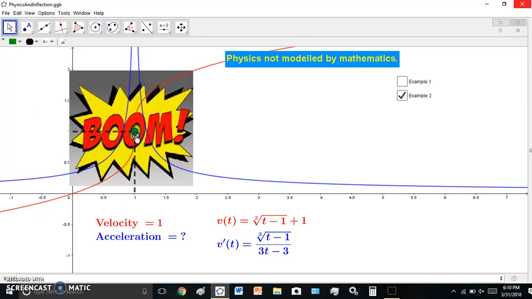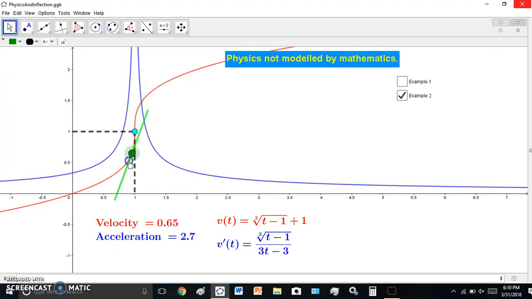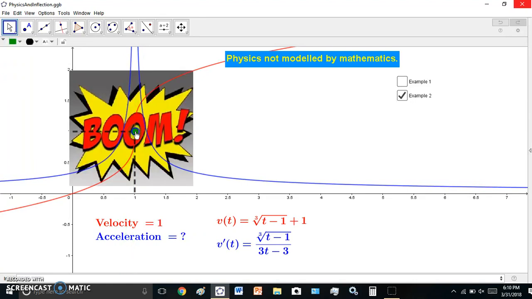It's not a misconception, but misguided thinking on the part of mainstream academics. They do not understand what a tangent line is, and they're unable to make the connection between physics and mathematics. So you can't really say anything about the acceleration there.